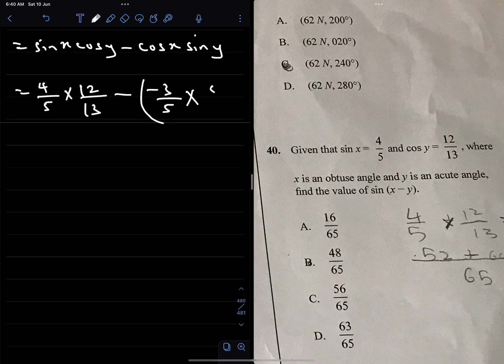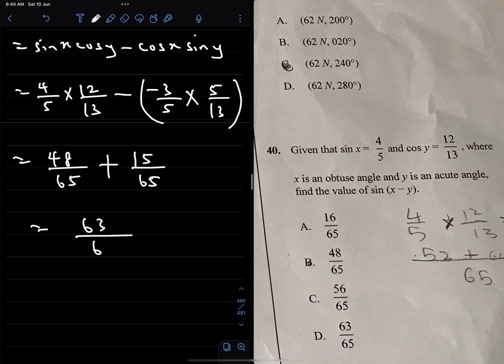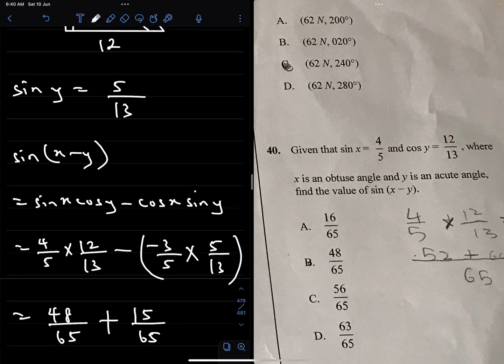That simply means 48 over 65, plus, because minus and minus is plus, 3 over 5 times 5 over 13, which is 15 over 65. And that's simply 63 over 65. And that's it, very simply.